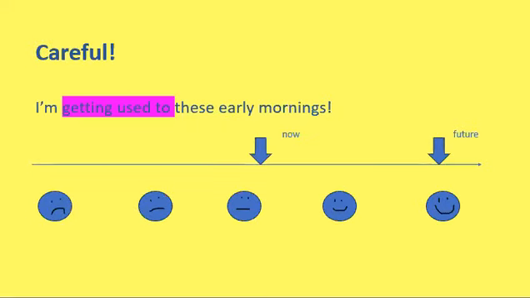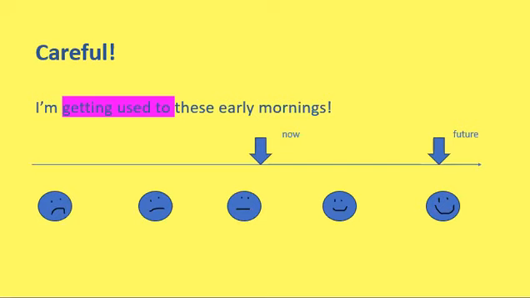But be careful. Although they look similar, the past with used to and get used to have different meanings. The example on the screen talks about getting used to something, having to get up at 5 a.m. for my new job. When I suddenly had to start getting up so early, the change was difficult and I was unhappy.